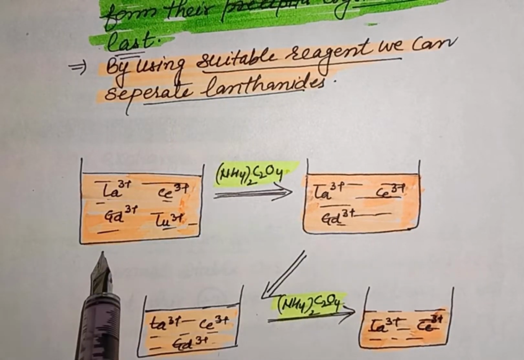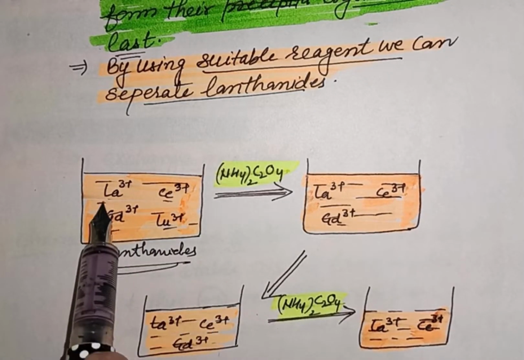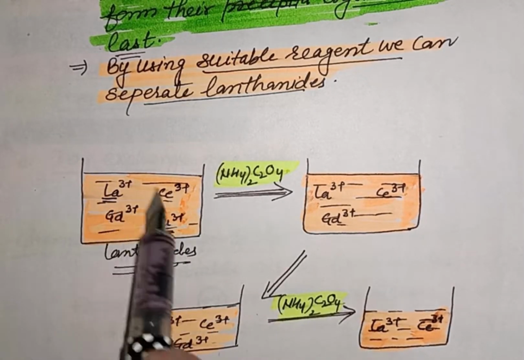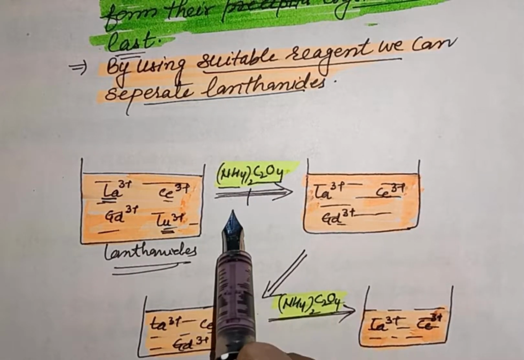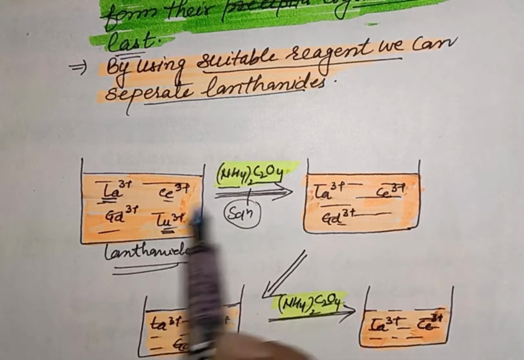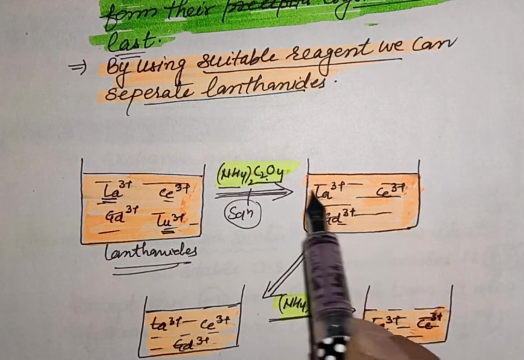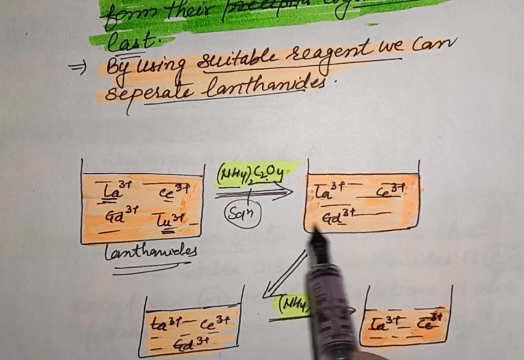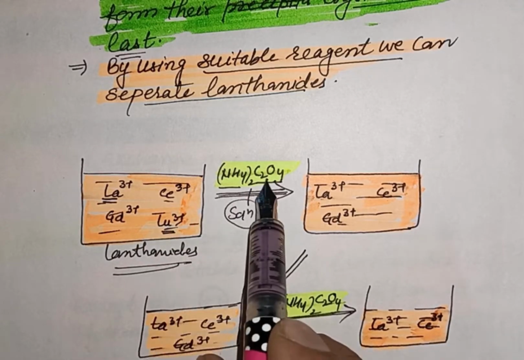Suppose we have a solution of the lanthanoids in which all the lanthanoids are present from lanthanum to lutetium. When we add the solution of ammonium oxalate, all these lanthanoids form their respective oxalates. Lanthanum forms lanthanum oxalate, cerium forms cerium oxalate, gadolinium forms gadolinium oxalate, and lutetium forms lutetium oxalate.